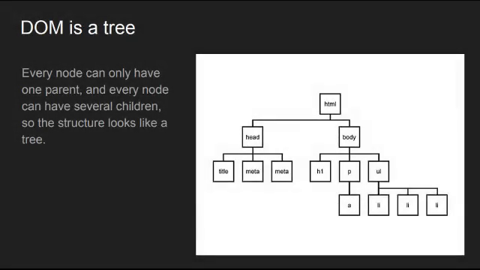DOM, what is DOM? DOM is the document object model. We said HTML describes the structure of our web pages. In the DOM, every node can only have one parent and every node can have several children. So the structure will be like a tree. Looking on your right, we have HTML, head. Inside the head we have the title. This is the title of the web page.